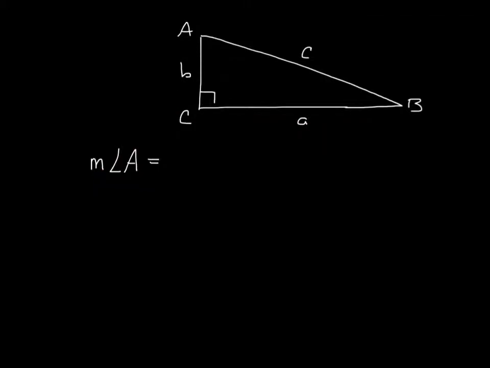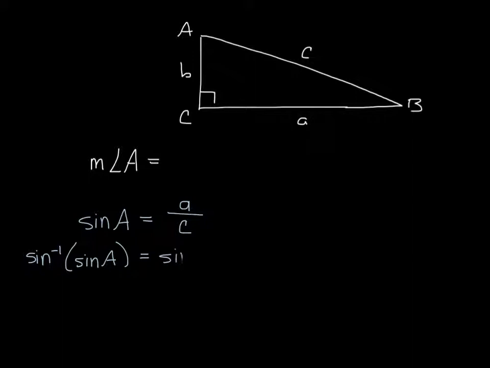That becomes important when we're looking for missing angles in a triangle. So for example here, I could say in this triangle that the sine of angle A is A over C. From there, I could say that the inverse sine, because sine is a function, so I can take the inverse of that function on both sides. Like this.